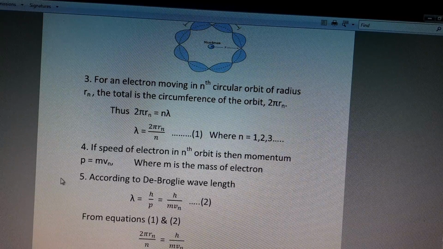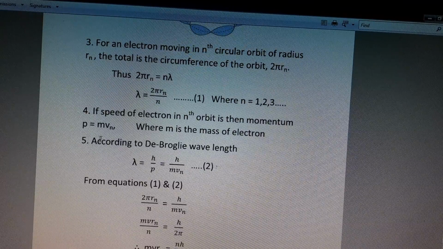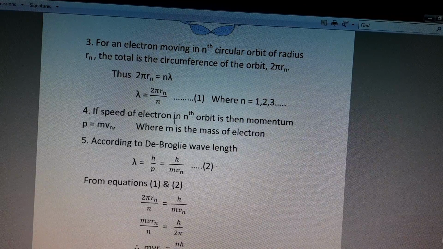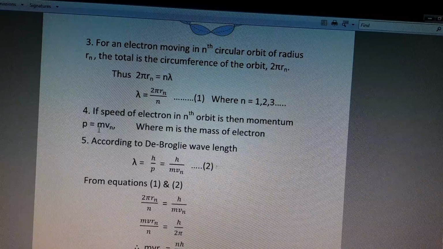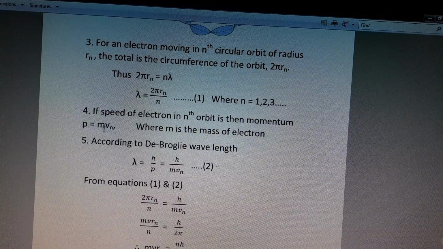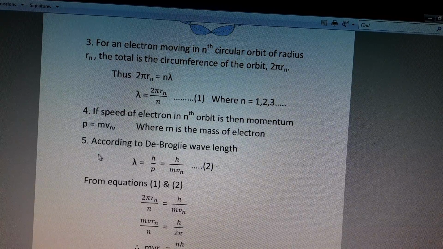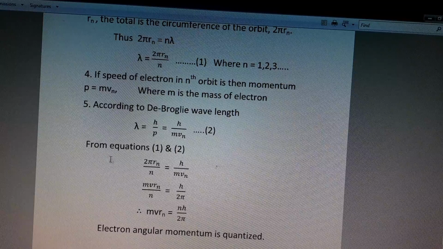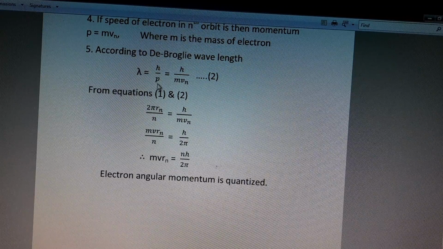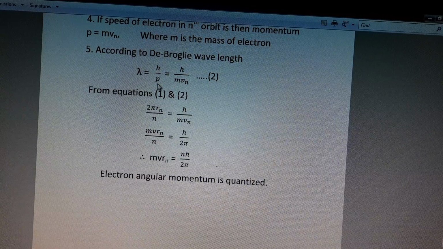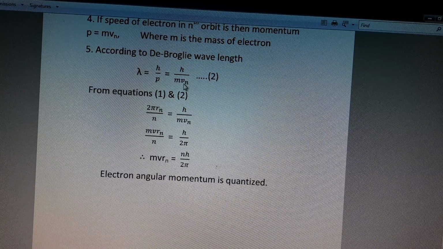In the same manner, for the speed of the electron in the nth orbit, the momentum p is equal to mv, where m is the mass of the electron and v is the velocity of the electron. According to the de Broglie wavelength equation, lambda is equal to h by p, where p is the momentum. Substituting mv, lambda is equal to h by mv.